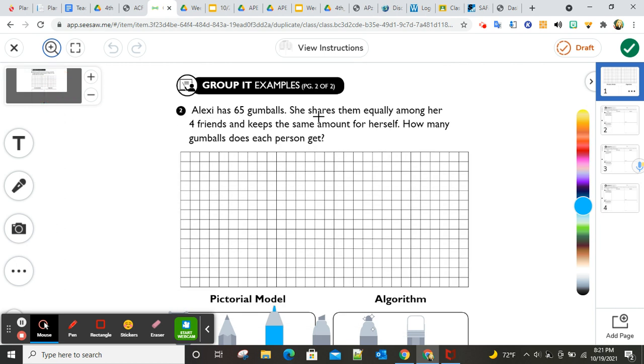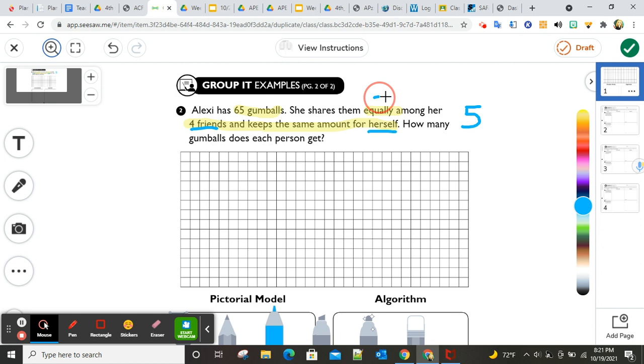So it says she's sharing equally with, I'm going to do some highlighting. She has 65 gumballs. She shares them equally among 4 friends and keeps the same amount for herself. So I really have 5. 4 friends and herself.